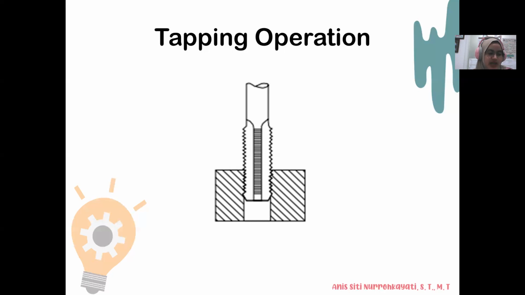For all materials, except cast iron, a little lubricant oil is applied to improve the action. So if we do a tap operation, we must use oil to lubricate our workpiece.